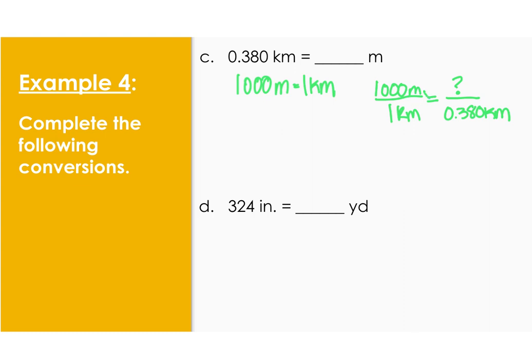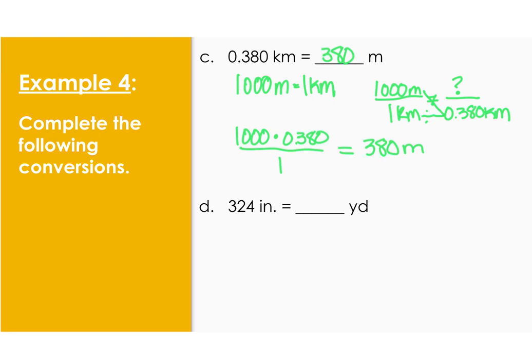So we're going to multiply across and then divide over. So it's going to be 1,000 times 0.380, and we're going to divide it all by 1, which equals 380, and we must label, and that's going to be meters. So we'll plug that in up here.